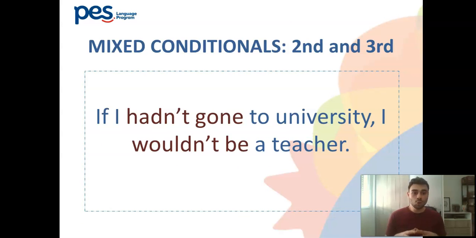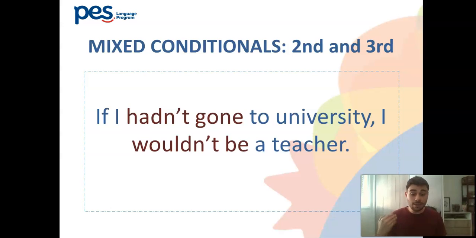Mixed conditionals usually combine second and third parts. Here I have one example for you. If I hadn't gone to university, so past perfect, the structure of the third conditional, I wouldn't be a teacher. So wouldn't be is the structure of the second conditional.